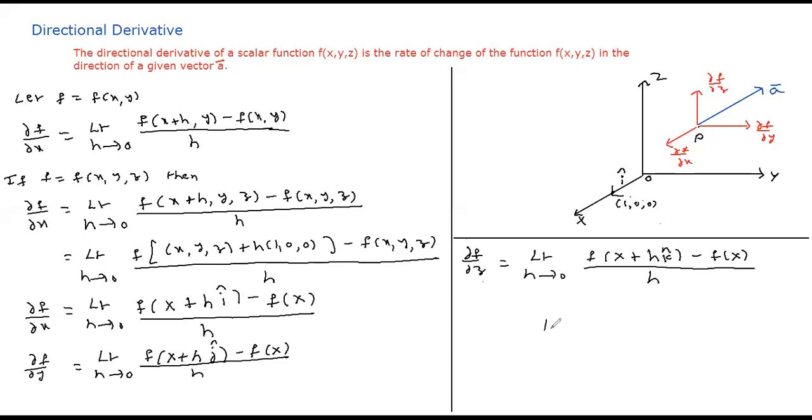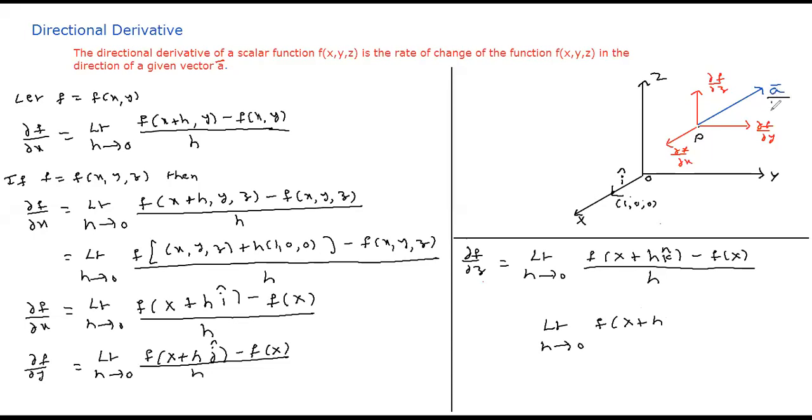Now what I want is the rate of change of the function along an arbitrary direction. X plus h into, these are all unit vectors. Can you see i, j, k are unit vectors? So what I want is a direction. If a bar is a given vector that may not be a unit vector, and I want to make this into a unit vector, what am I going to do?